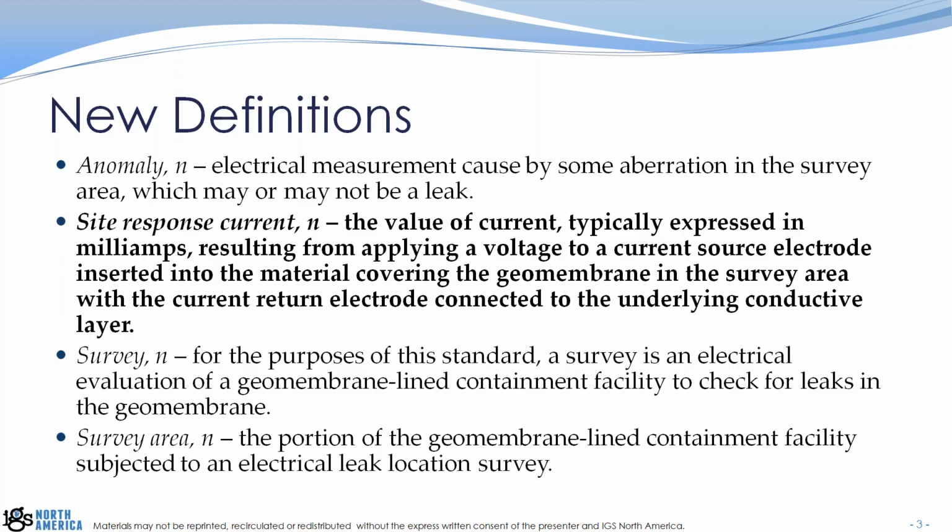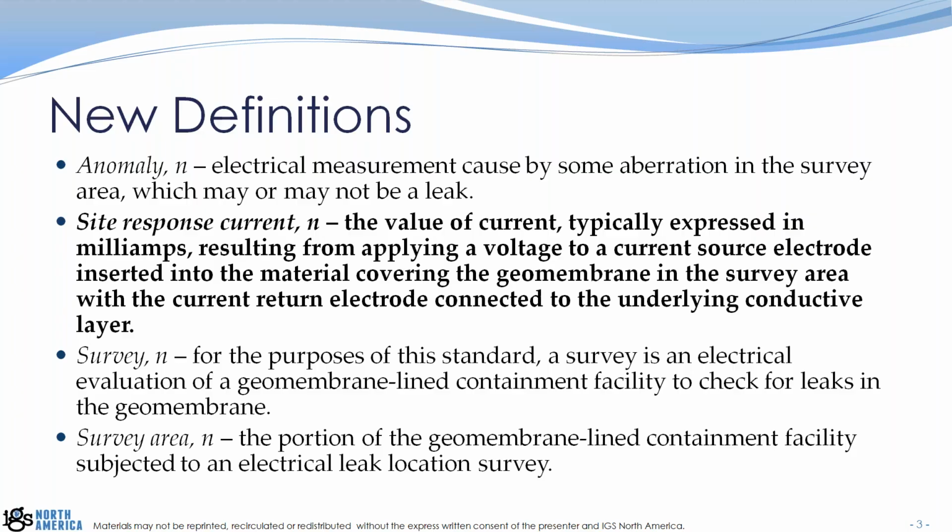This is what happens when you apply voltage across the geomembrane in a site: the amount of current that results. So you inject, say, 500 volts and you get a response current, 20 milliamps, 0 milliamps. You get some value back of how much current is flowing through that survey circuit.